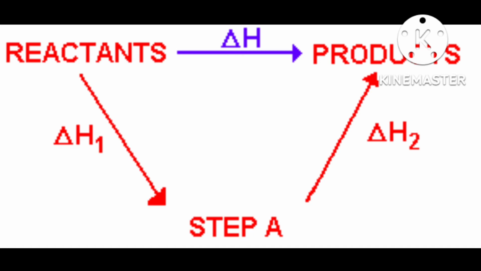Your intention is to know the delta H value for the formation of CO from C plus half O2, how much heat will evolve. With the use of the last two reactions, you can get that value.